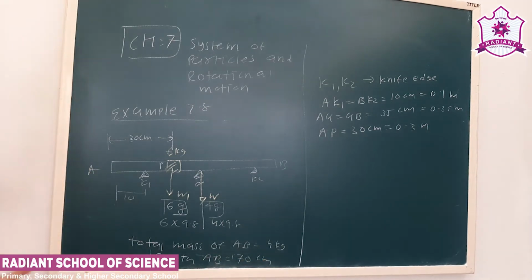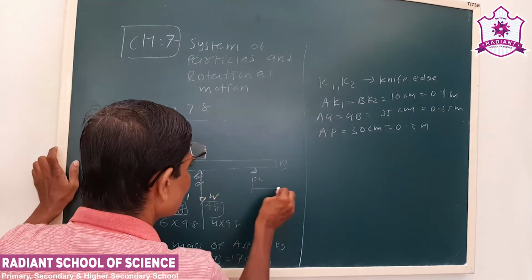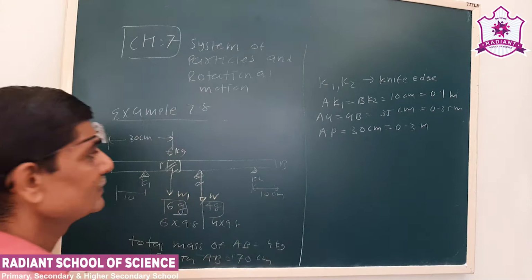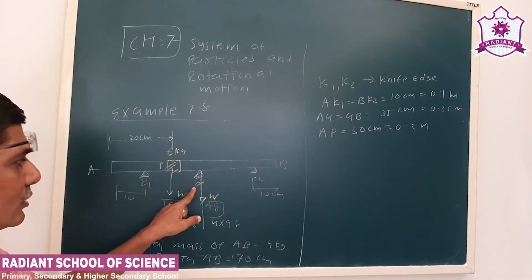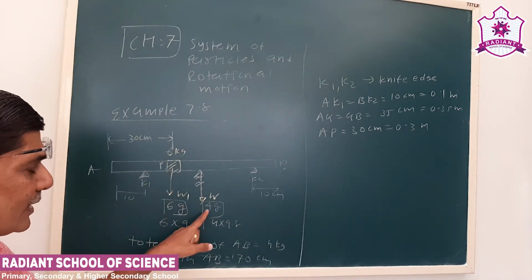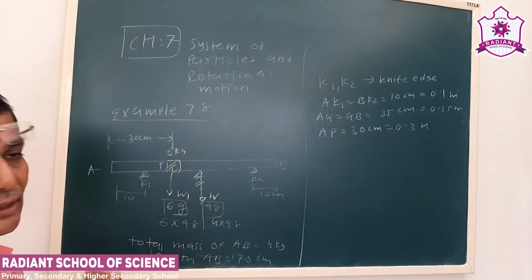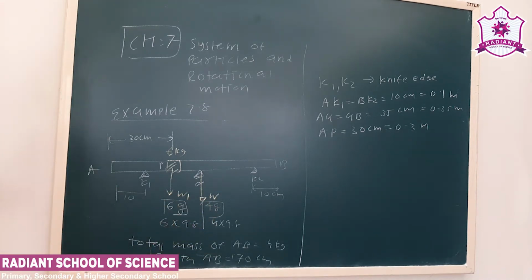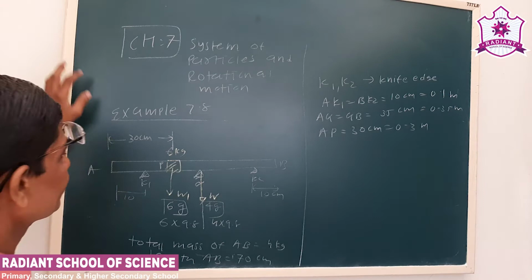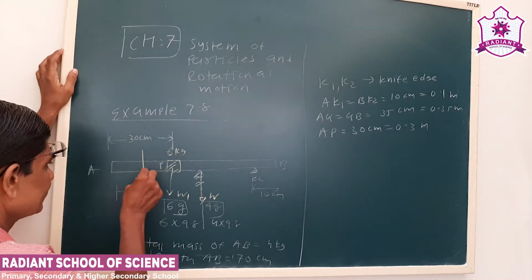K1 and K2 are the knife edge supports, at a distance of 10 centimeter from both ends. We know the center of mass or center of gravity is at the midpoint. Mass is 4, so weight will be 4 into g, that is 9.8. We have to find the reactions.